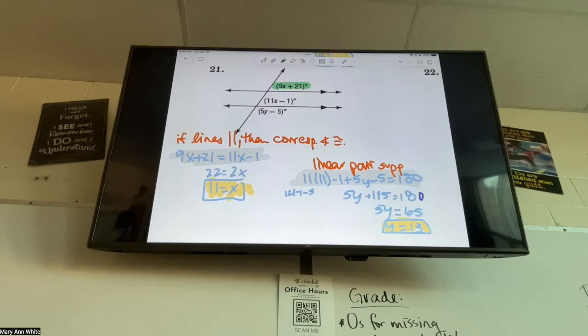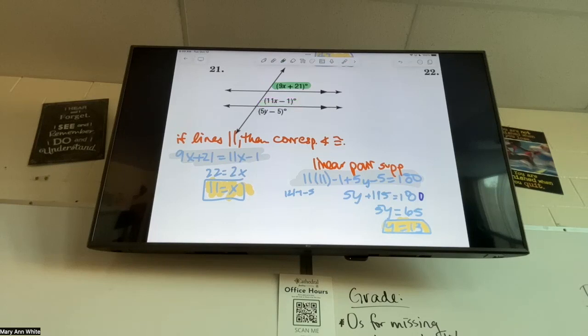I first look at my x's, 9x plus 21 and 11x minus 1. Those are corresponding angles. And so if lines are parallel, corresponding angles are congruent. So we set those equal to each other and then we solve. For your y, you can solve that a couple different ways.